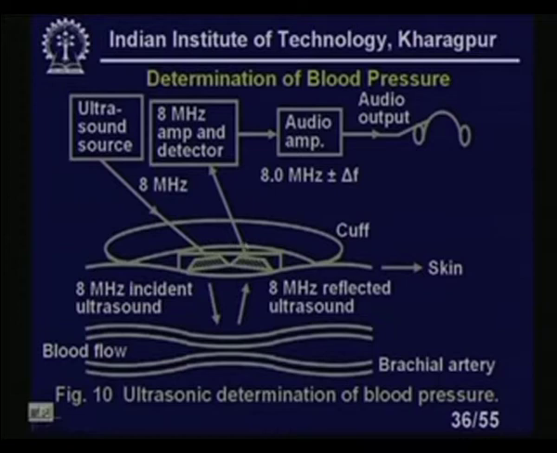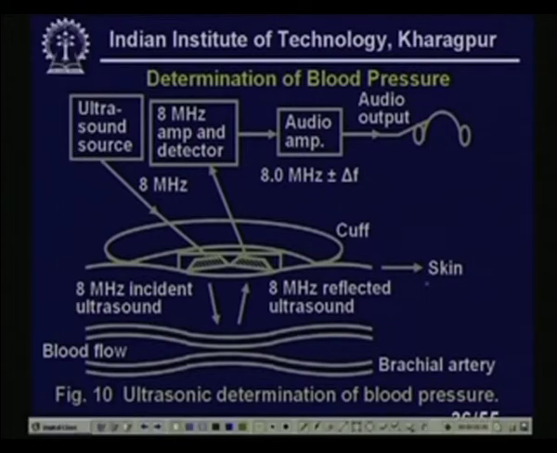These 8 megahertz signals go to an amplifier and detector, then an audio amplifier, and the audio output is going to a headphone. Please note, this is a headphone. By listening to the sound, I can tell what the pressure is.